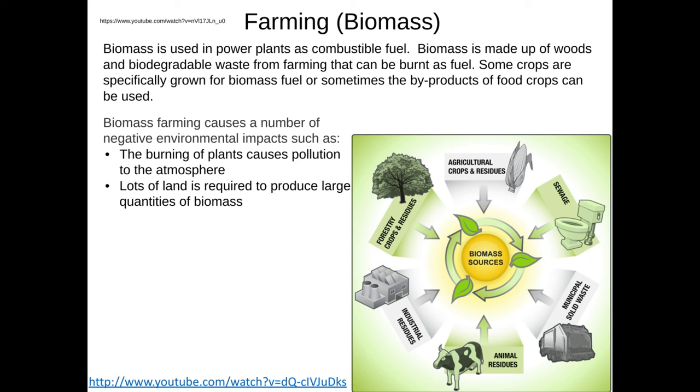So biomass done on a sensible scale without using up lots and lots of land can be deemed carbon neutral and can be a positive environmental source. Biomass can also be used to create biofuel through the fermentation of crops to create methane, which would be used as a fuel potentially for cars, tractors, etc.